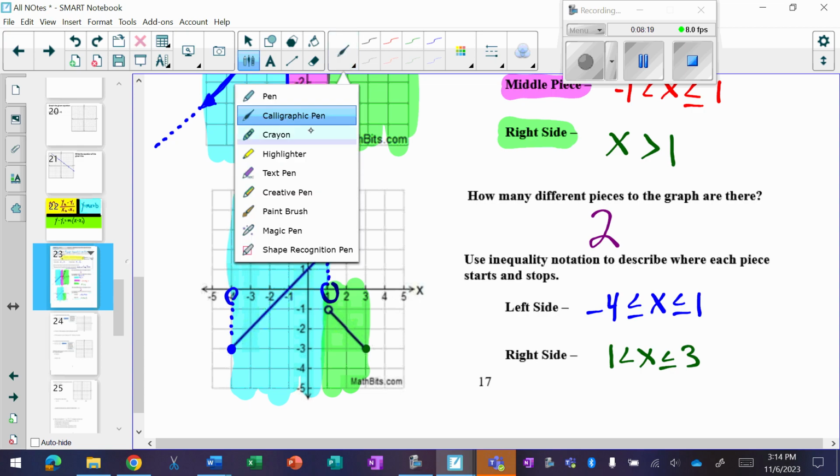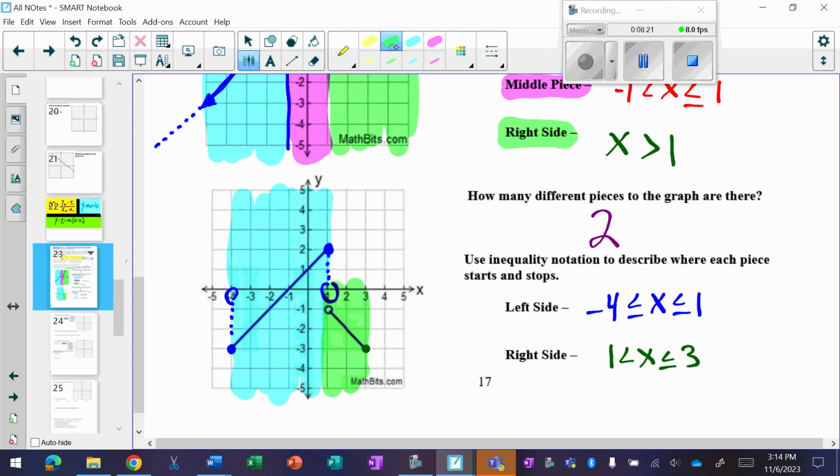So that is the 2 sides or the 2 pieces of our piecewise function. This section of our equation is the domain because it is describing where the x values are drawn, or what x values are used where the graph is drawn.